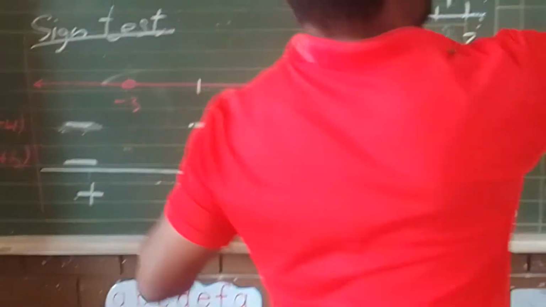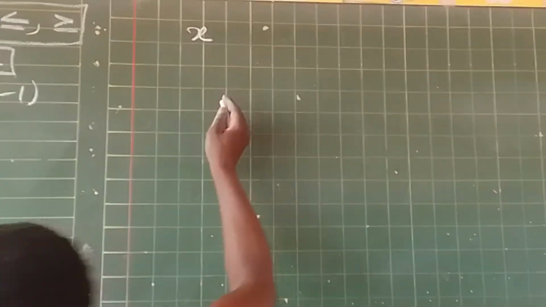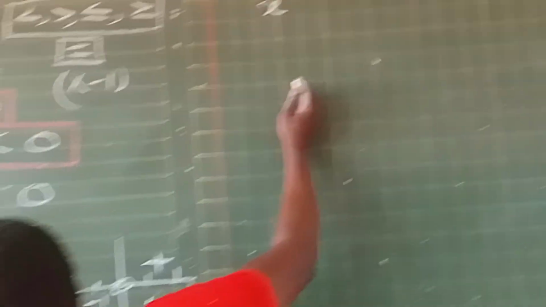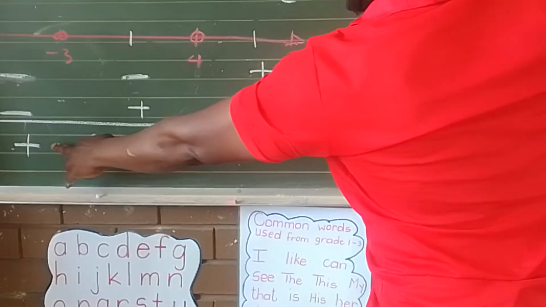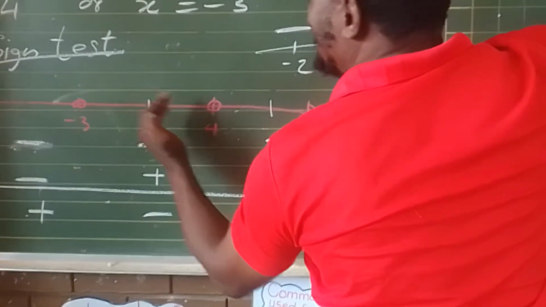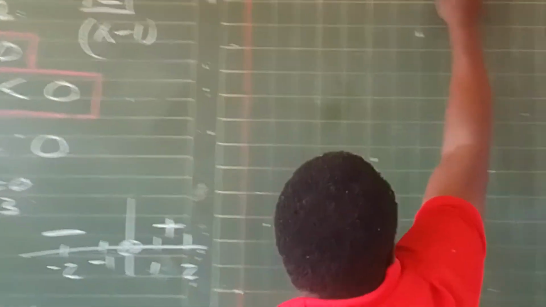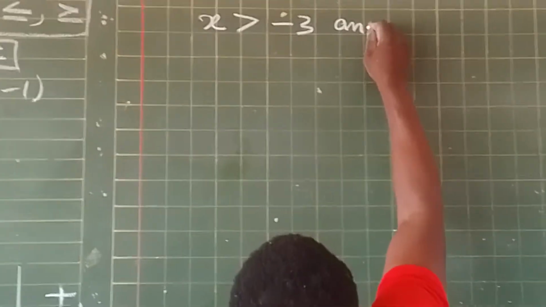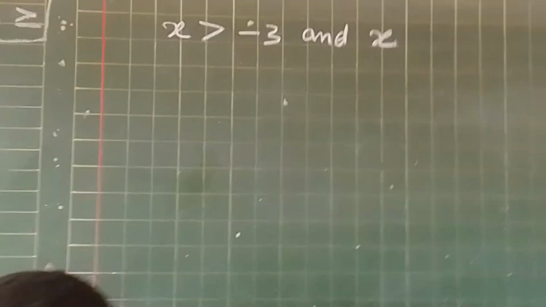So you come and say x must be between minus 3 and 4. It means that x must be greater than minus 3 and x must be less than 4.